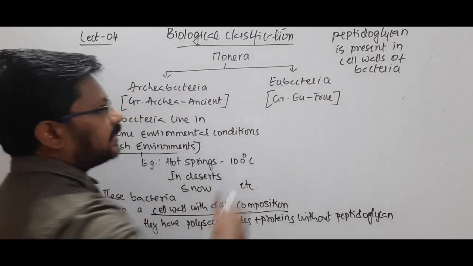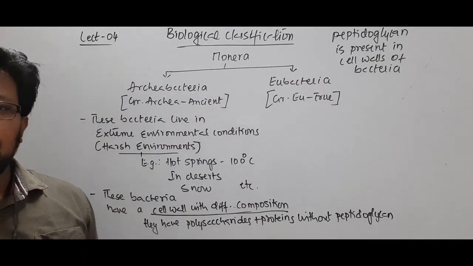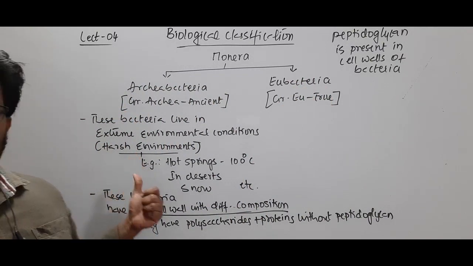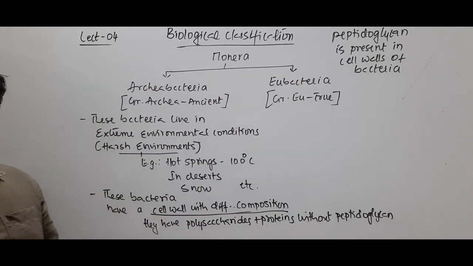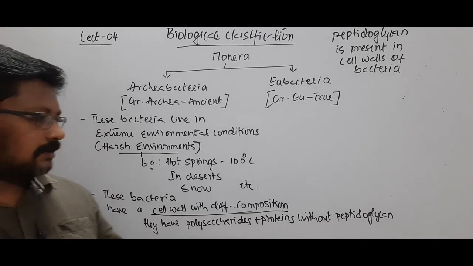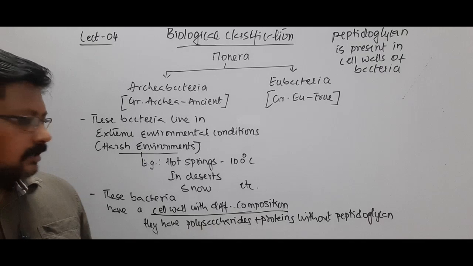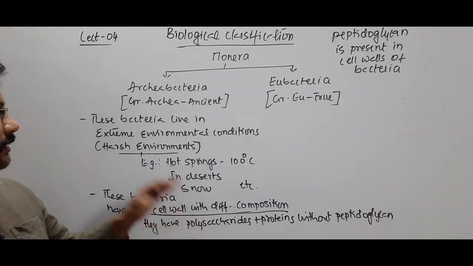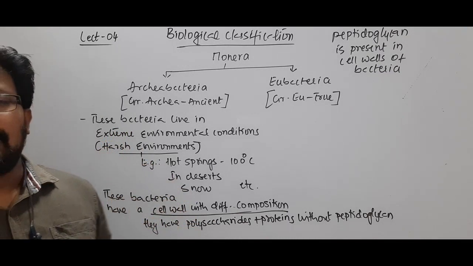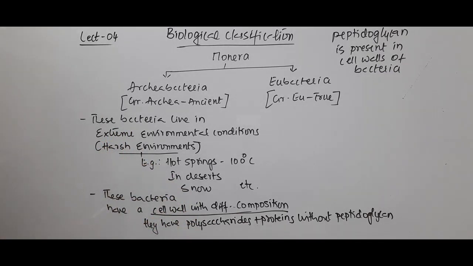Whereas the other bacteria, the eubacteria, will have peptidoglycan in their cell wall, the archaeobacteria will not have the peptidoglycan. Instead they'll have some polysaccharides and proteins, and this arrangement of substances in the cell wall makes these bacteria live in such harsh environmental conditions.